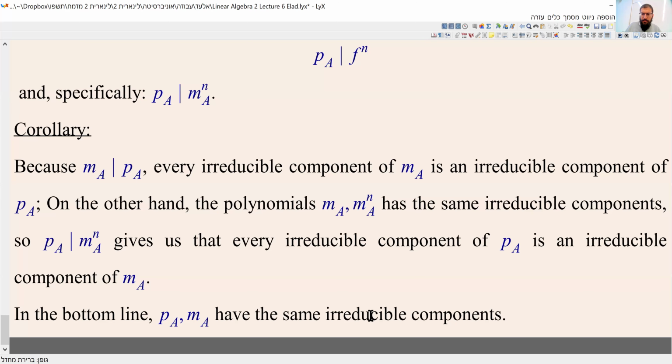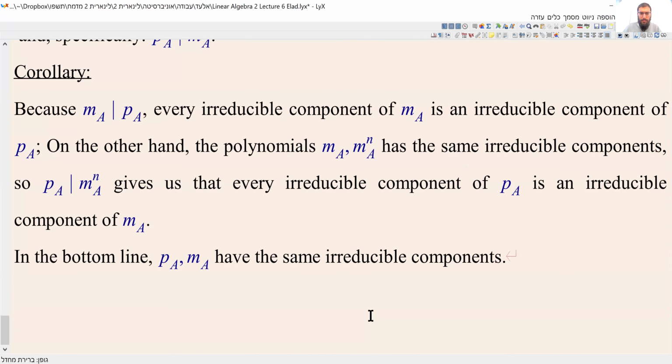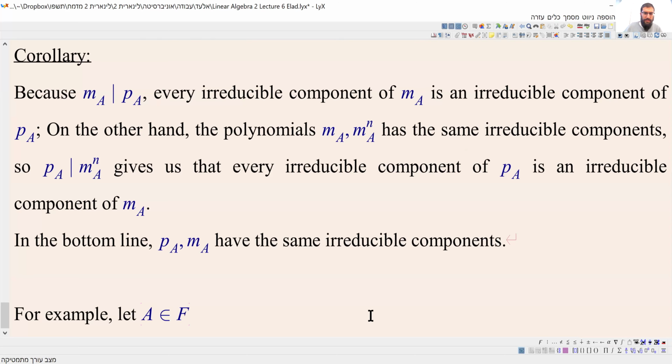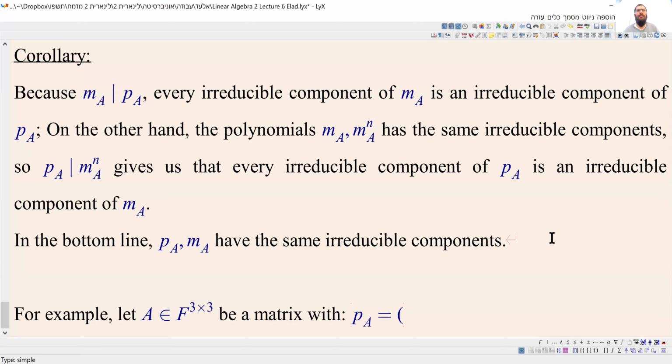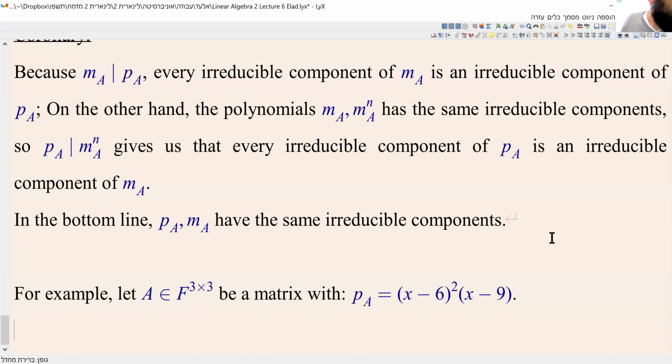So now, for example, let A be a matrix of order 3 with PA being two factors you like. What can be the minimal polynomial of such A?